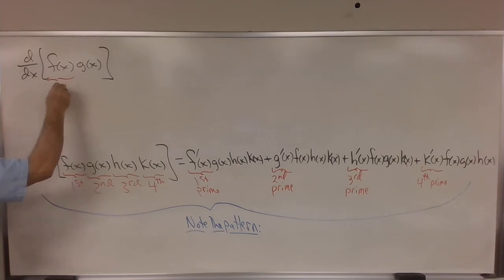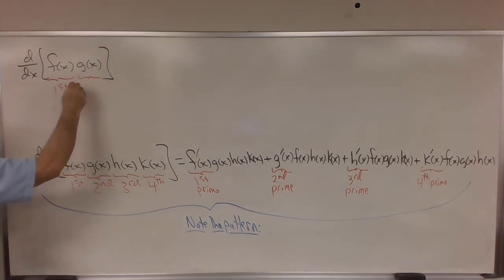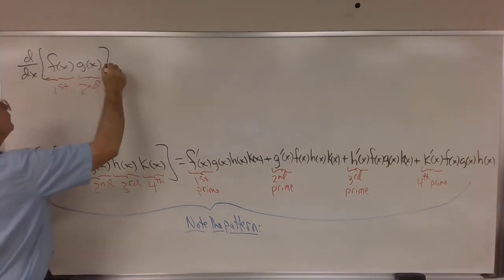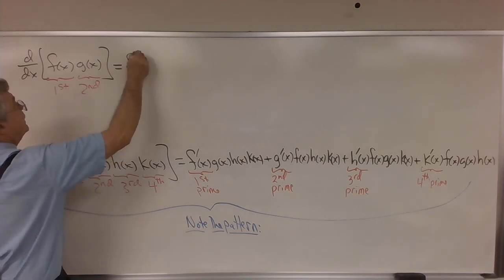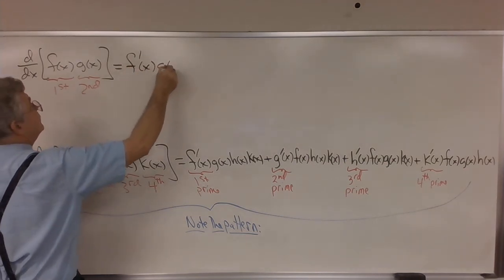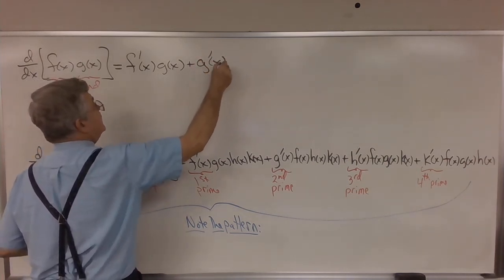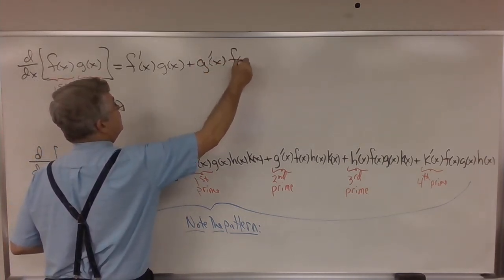Here's our first. Here's our second. And the product rule says we get first prime times the second plus second prime times the first.